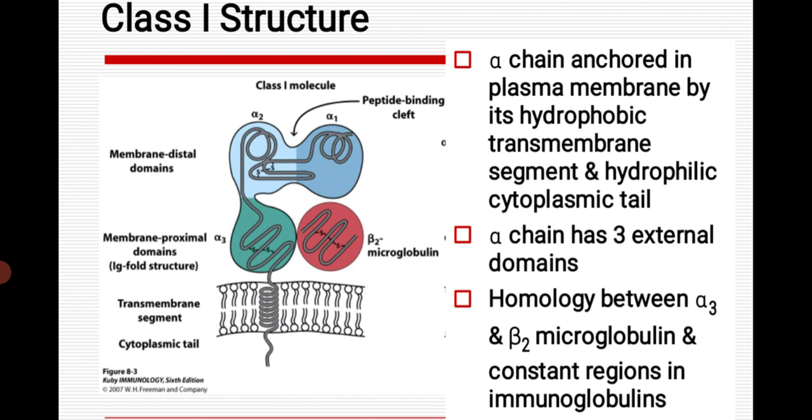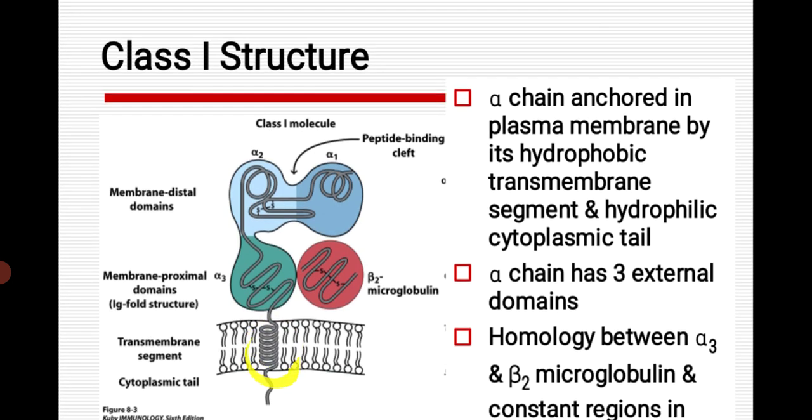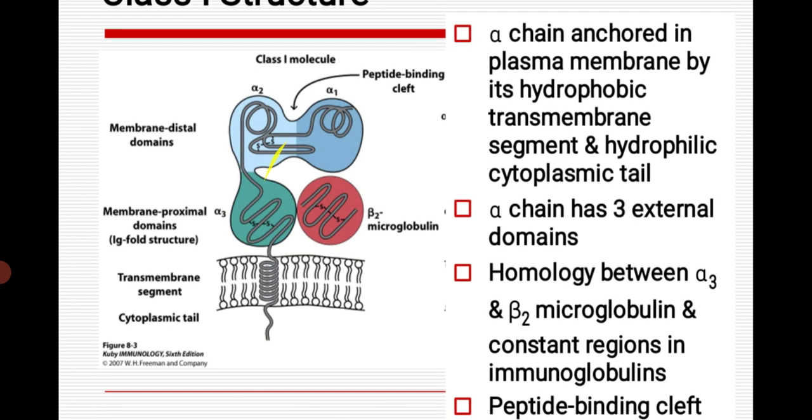The alpha chain has three external domains: alpha 1, alpha 2 and alpha 3. It has a transmembrane segment with a cytoplasmic tail. This is the transmembrane segment of the alpha chain, and this is the cytoplasmic tail of the alpha chain. It has three domains, alpha 1, alpha 2 and alpha 3, and this is connected to beta 2 microglobulin.